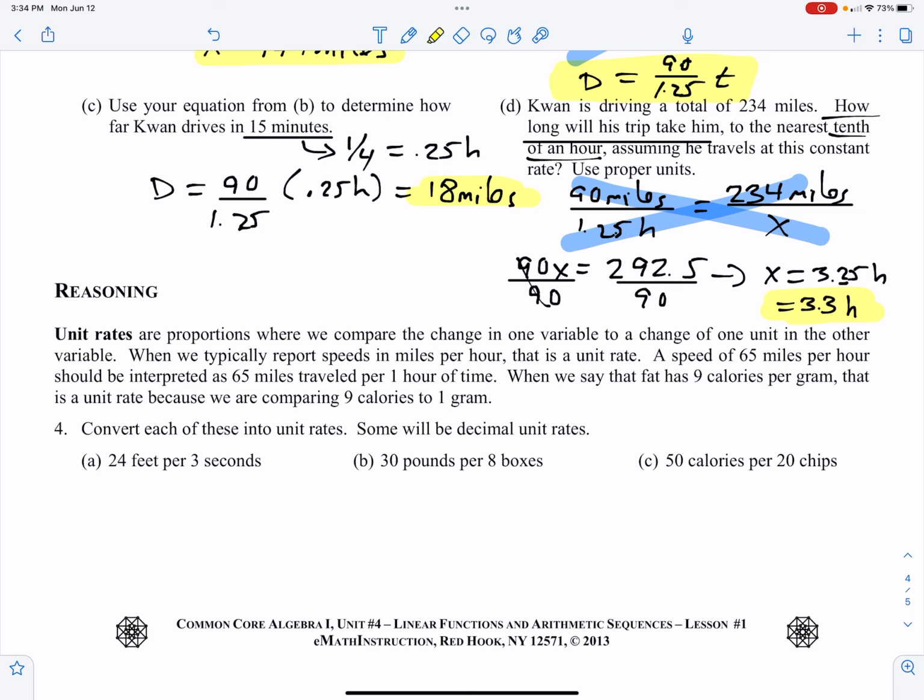A speed of 60 miles per hour should be interpreted as 60 miles traveled per 1 hour of time. When we say that fat has 9 calories per gram, that is a unit rate because we are comparing 9 calories to 1 gram. So convert each into unit rates. Some will be decimal unit rates.